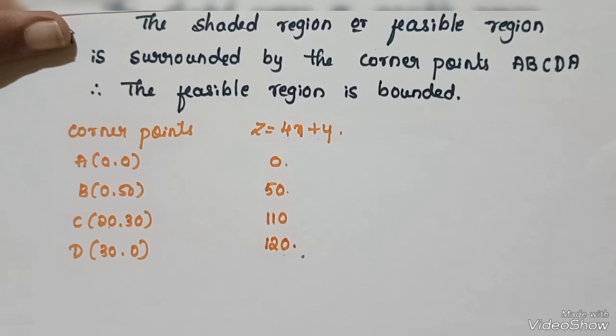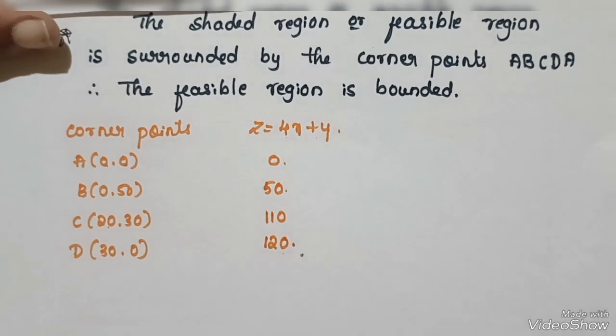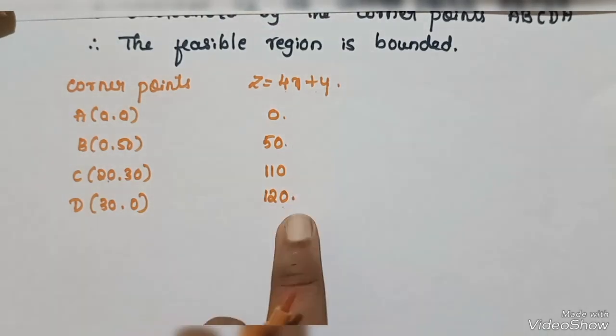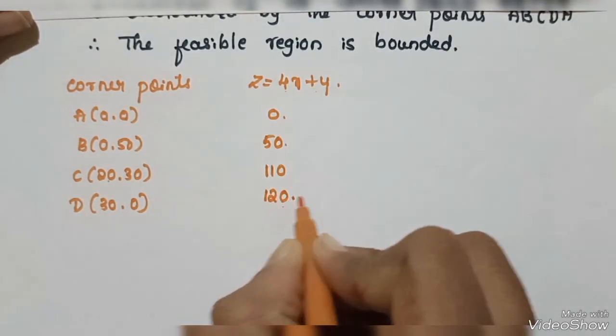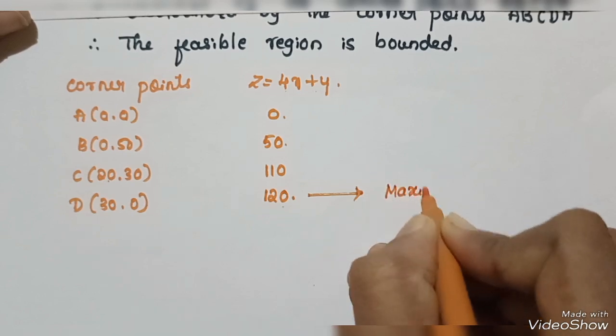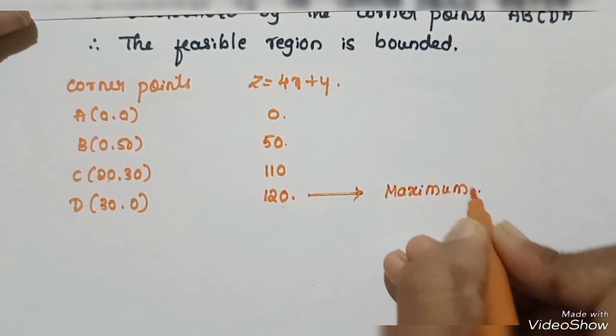In the question, it is given to solve the following LPP graphically and we get the maximum. So the maximum value is at 120.